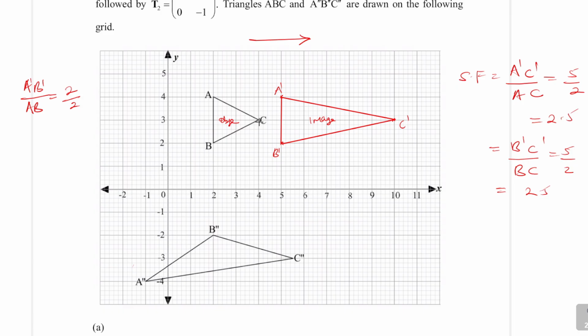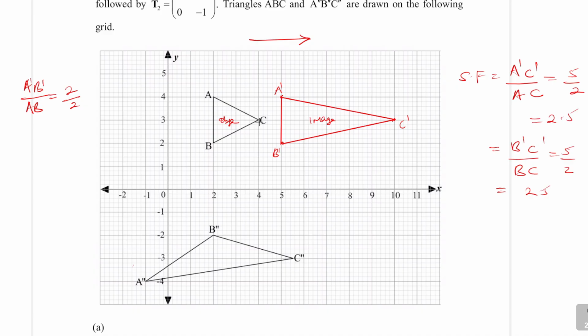And then another point that you can use to support that this is a stretch is that the stretch changes the area. When you look at triangle ABC and triangle A prime B prime C prime, you can see the area has changed. For a stretch, the area changes. The shape can slightly change, but of course, it still remains a triangle.